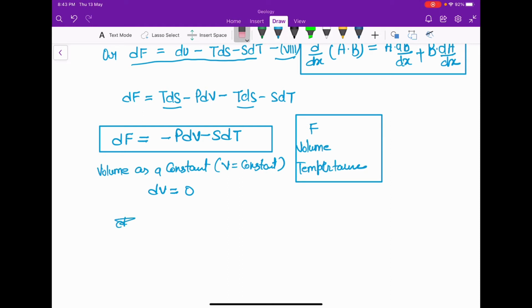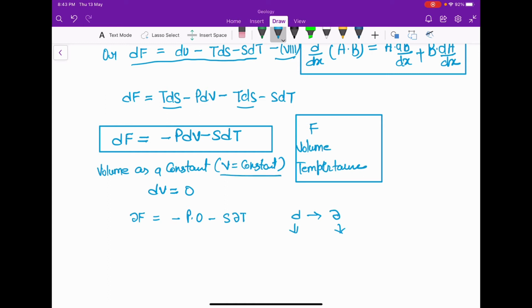So dF can be written as del F equals minus p times 0 minus S del T. Here d is changed into del, because d is total differentiation and del is partial differentiation, which means we differentiate only with respect to one variable and all other variables are constant.